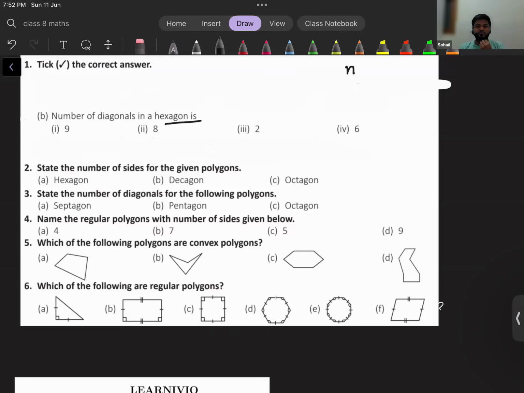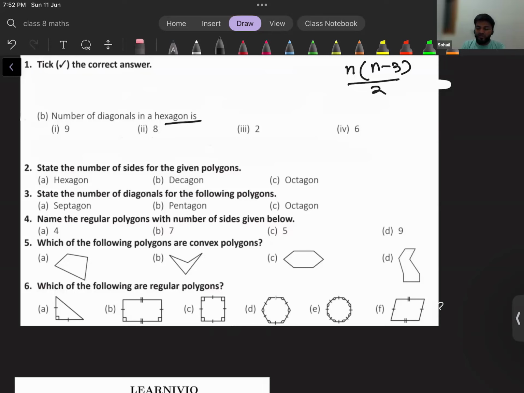I'm asking what formula. It was n multiplied by n minus 3, divided by 2. Yes, that was the complete formula.